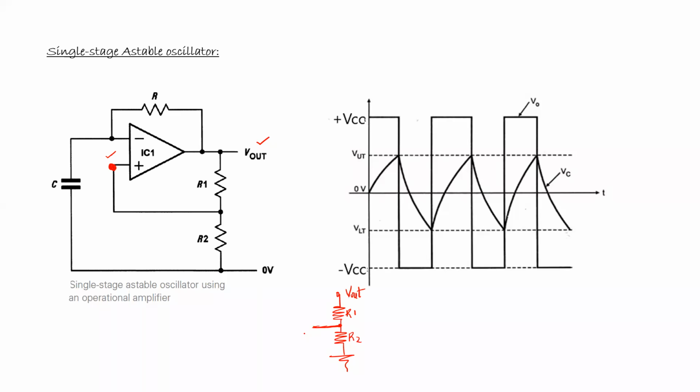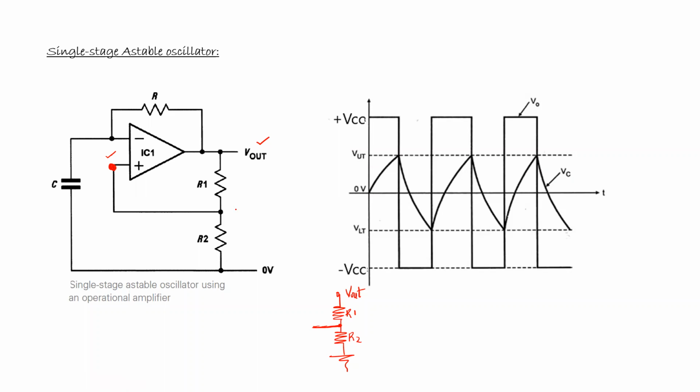So when R1 and R2 are connected here, this V out gets divided between R1 and R2. Some part of V out comes across R1 and the remaining part comes across R2. So R1 and R2 form a voltage dividing circuit.